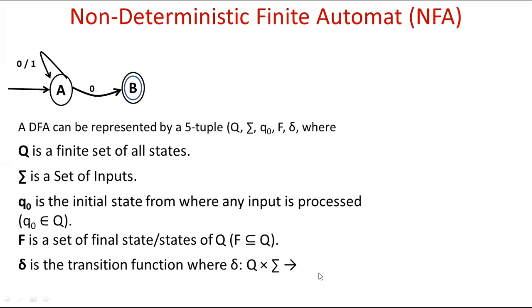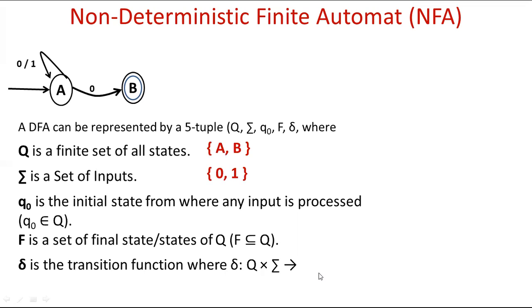So now let us try to write the values of this example. In this particular example, what is Q? Q is the set of all states. So here the set of all states is A, B. And sigma is the inputs. So what are the inputs here? 0 and 1. And Q naught is the start state.